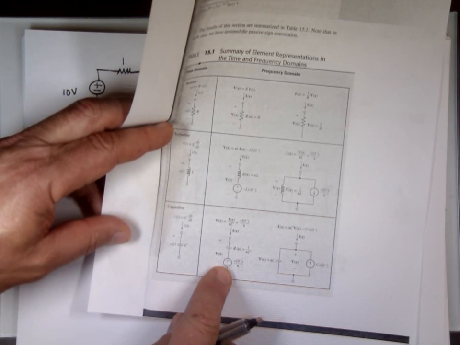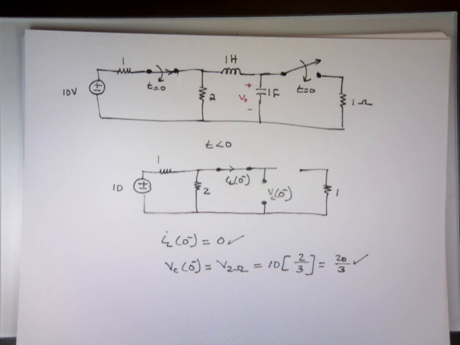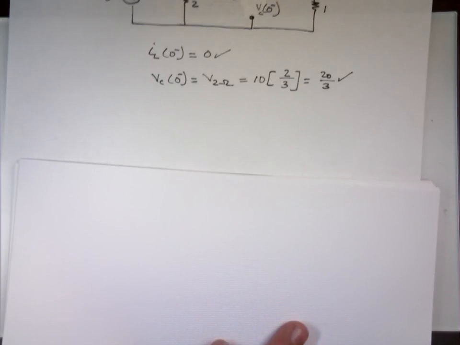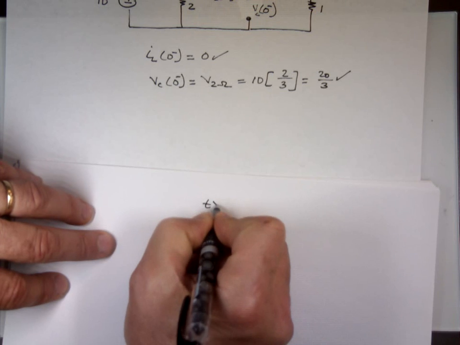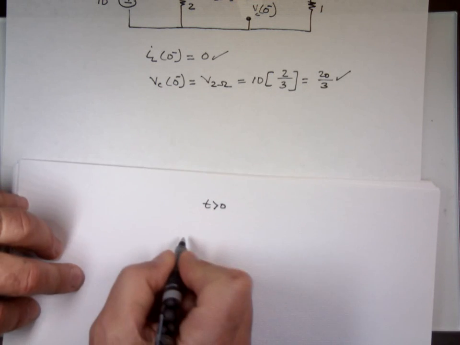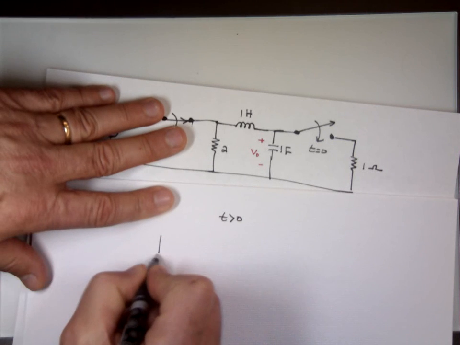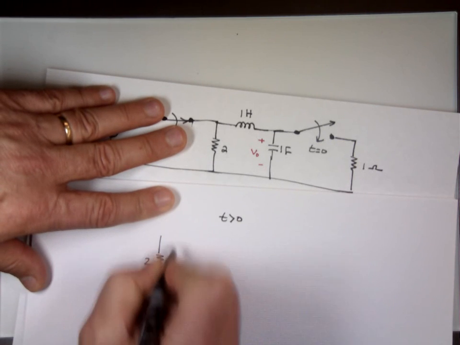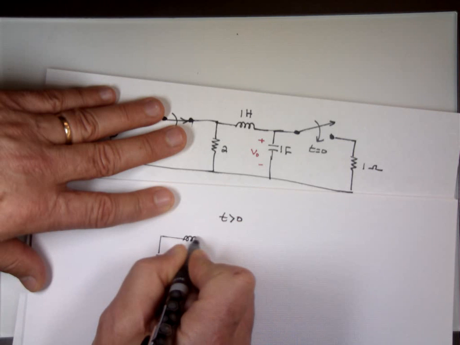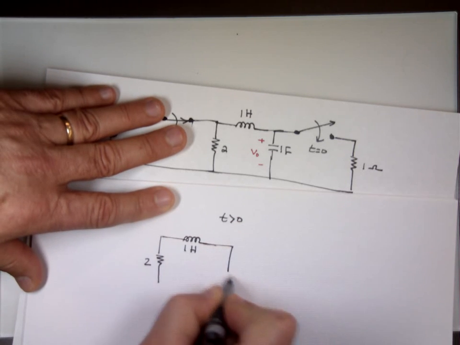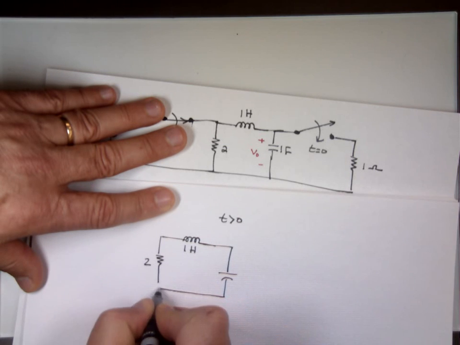So let's look at the circuit for t greater than 0 now. The switch is going to open. This piece is gone. That switch closes now.